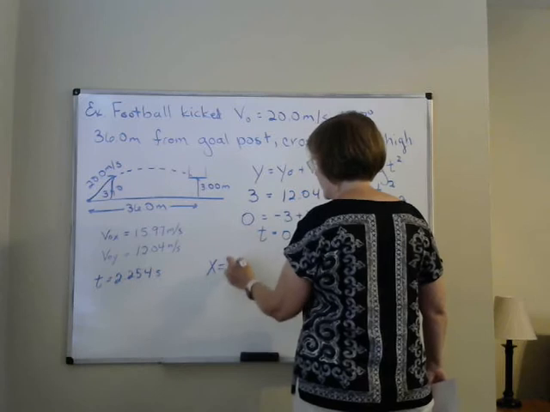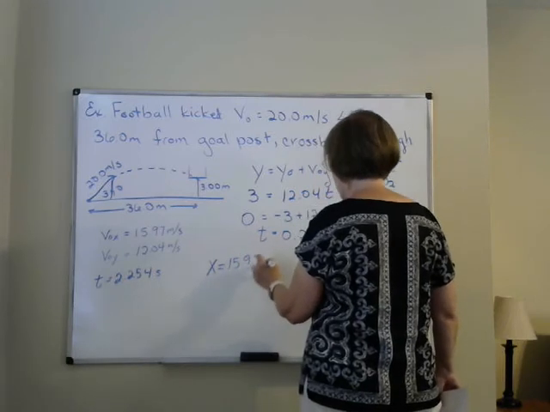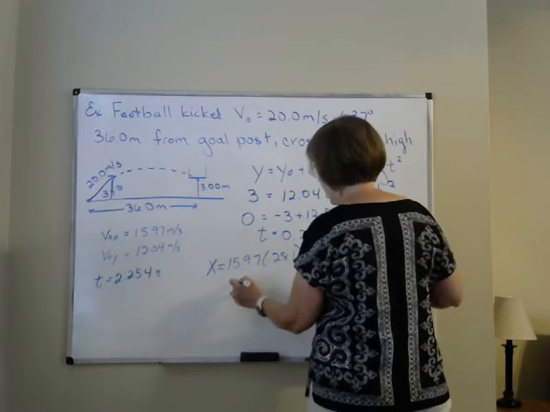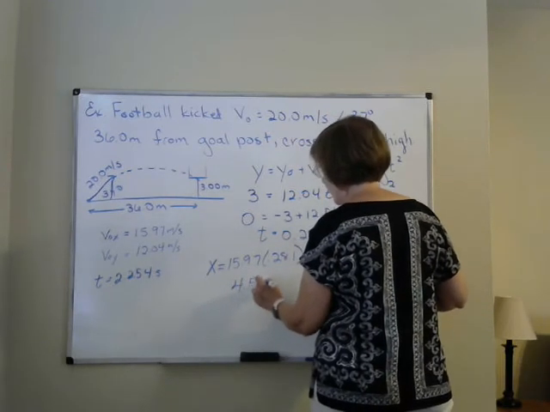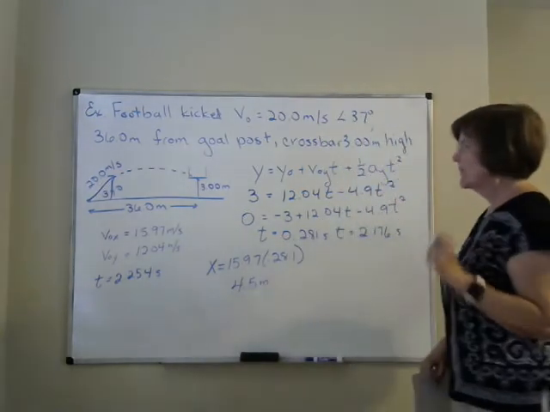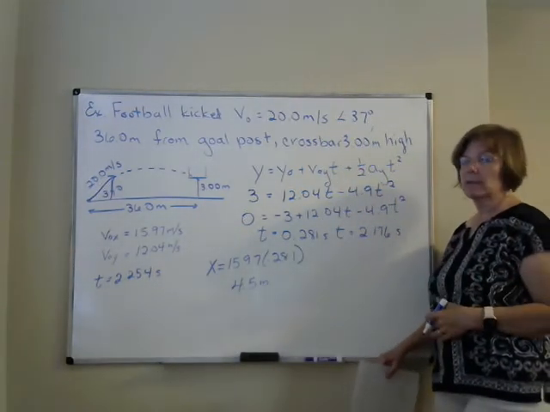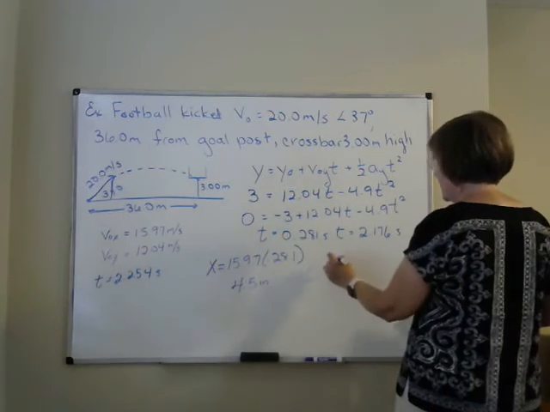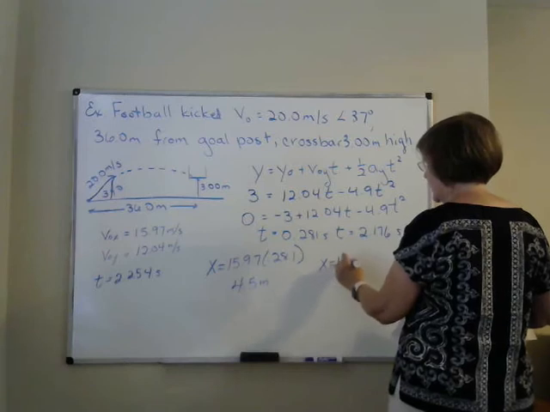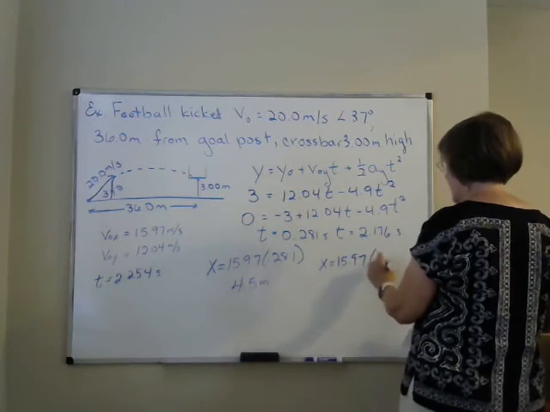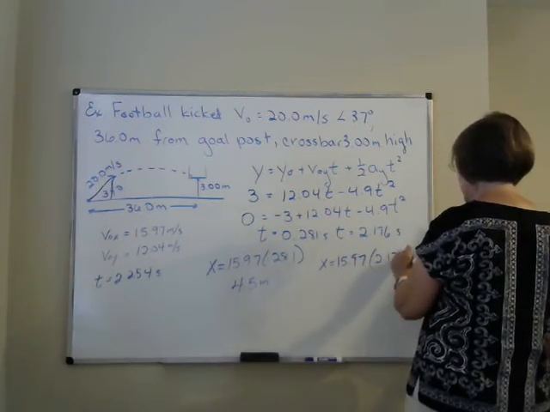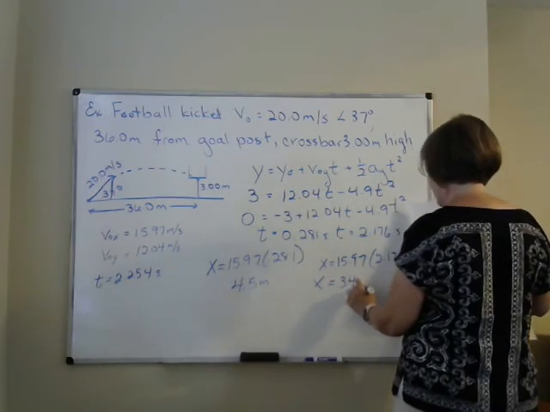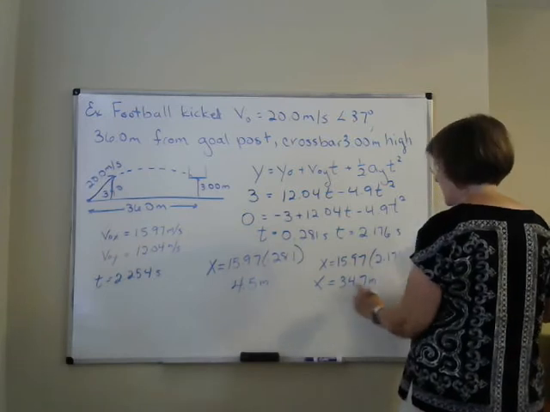By putting in 15.97 times 0.281, that gives me 4.5 meters. So if I'm 4.5 meters away, I'm really close to the goalpost, I'll get it in. If I put in 15.97 times 2.176, I get a distance of 34.7 meters.